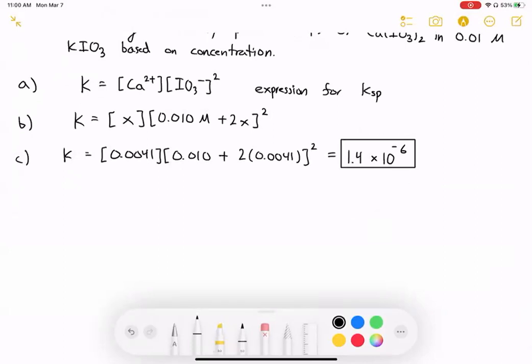Now you could expand this equation. It will be 4x squared plus 0.040 x, and then plus 0.010 times 0.010, which is 0.0001, actually 3 zeros.